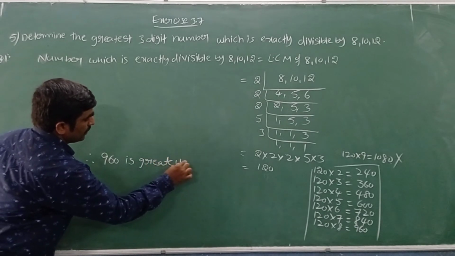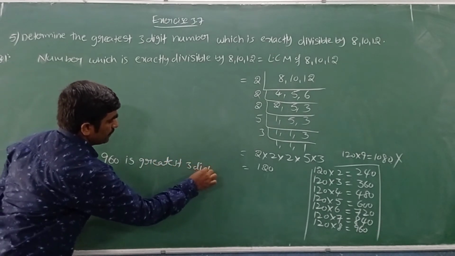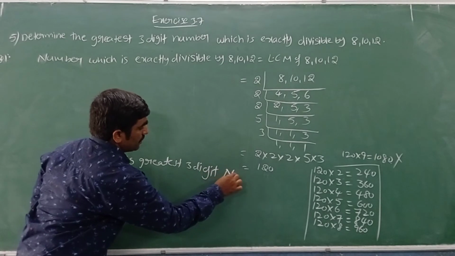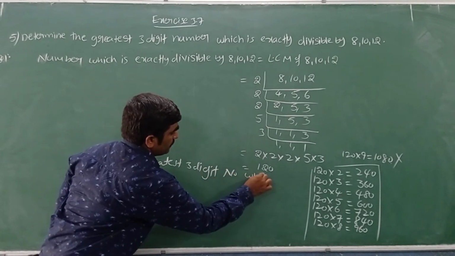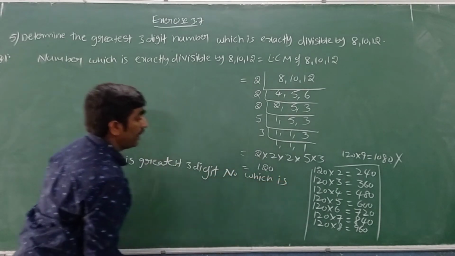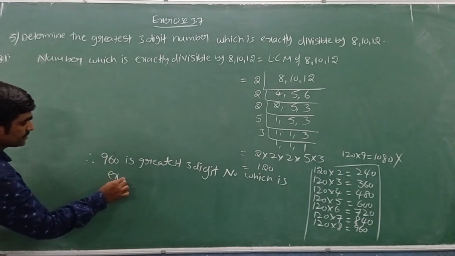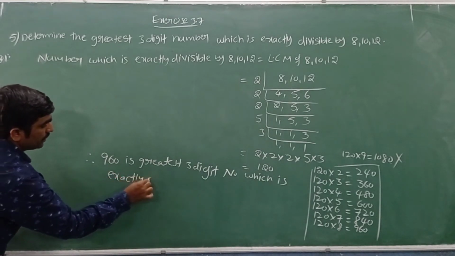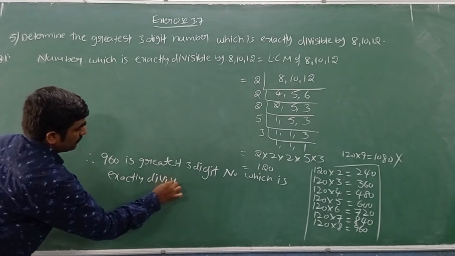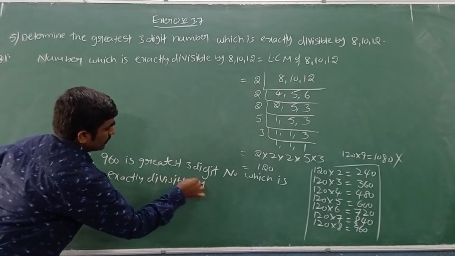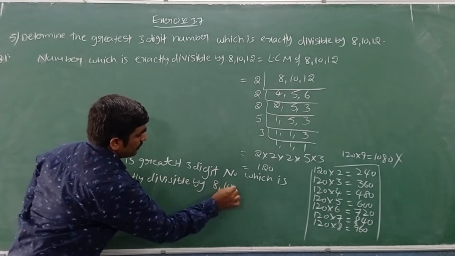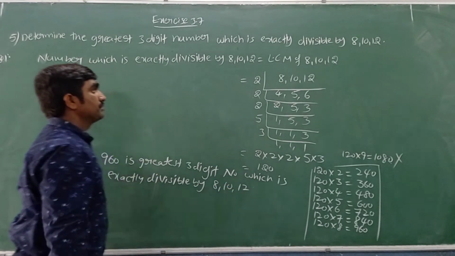Greatest 3-digit number which is exactly divisible by given three numbers 8, 10, 12.